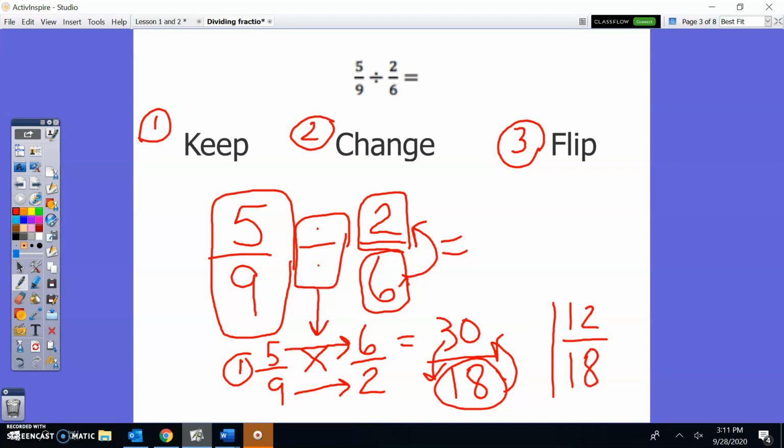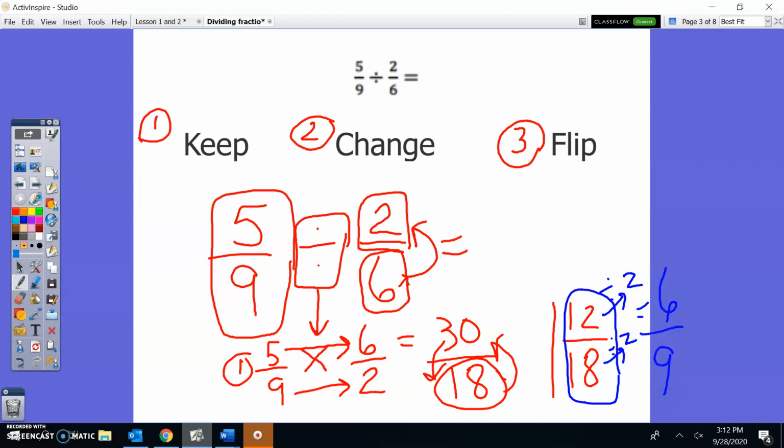That stays the same. I want to make sure that I can't simplify this anymore. 12 and 18 are both even numbers, so I need to divide and simplify this. 12 divided by 2 on the top, and 18 divided by 2 on the bottom. 12 divided by 2 is 6, and 18 divided by 2 is 9.